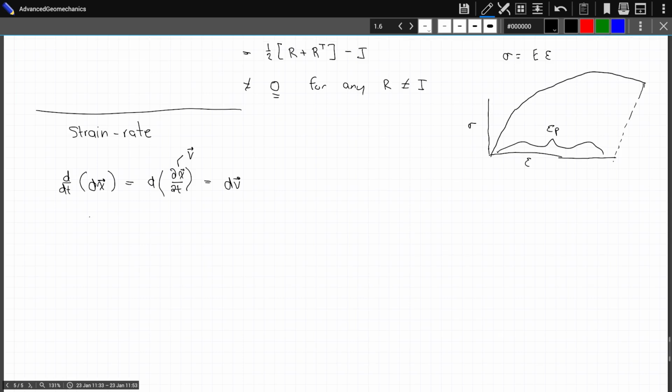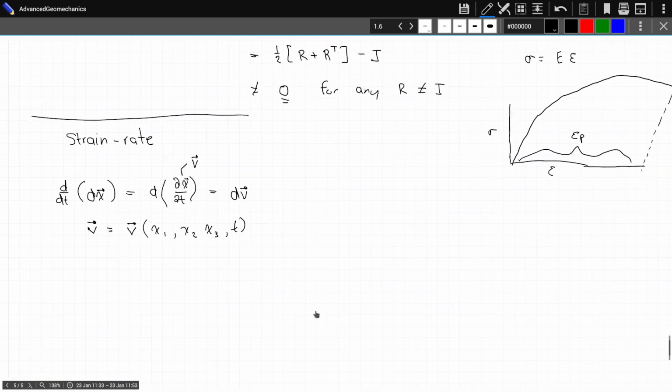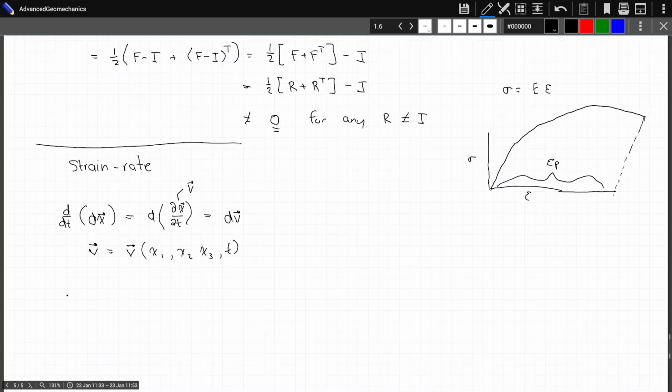And just to be clear, v is in the current configuration, so it's a function of x1, x2, x3, and time. So using the chain rule, if I want to compute dv, I'll write it for the single component, dvi.